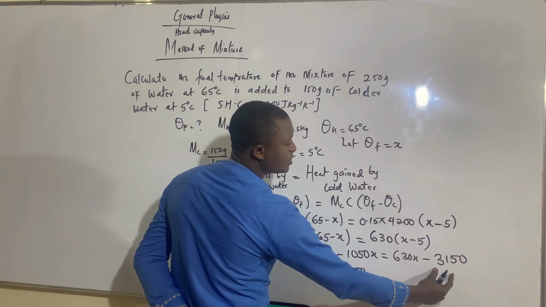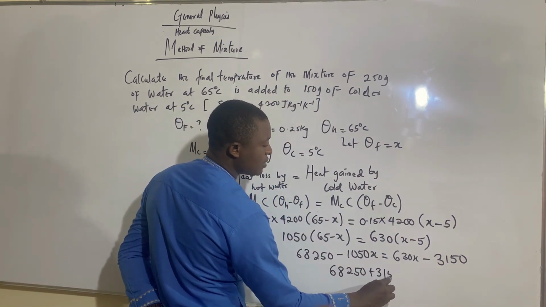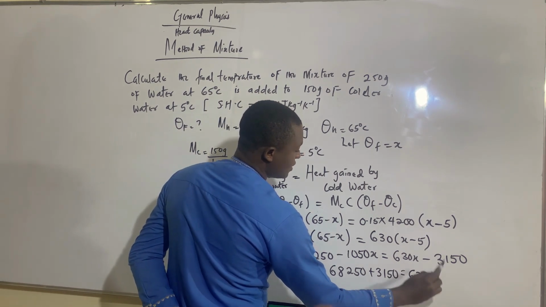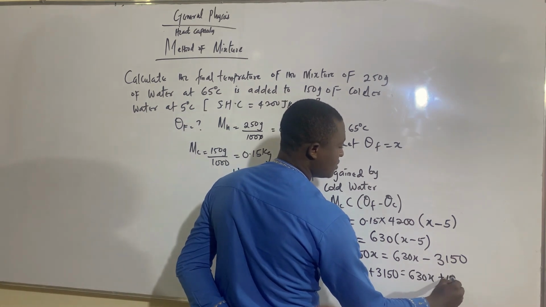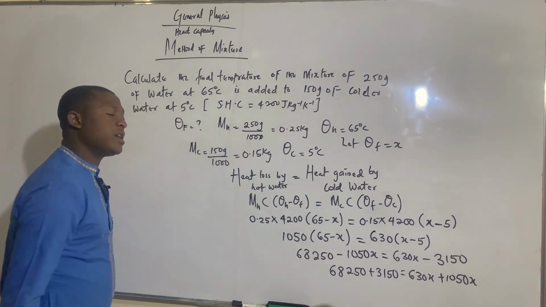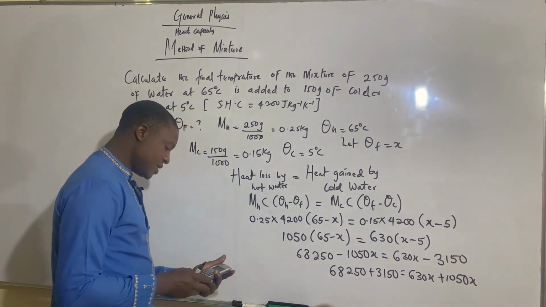So this is minus. So when the minus comes here, we have plus 3150 is equal to 630X. Then this is minus. So when the minus comes here too, we have plus 1050X. So now let's add the one we have at the right hand side together, then the one we have at the left hand side.